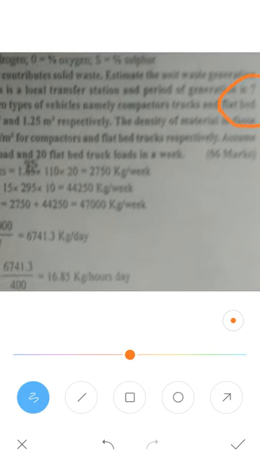The waste which is carried away in the two types of vehicles, namely compactor trucks and flat bed trucks, is given in the next line.